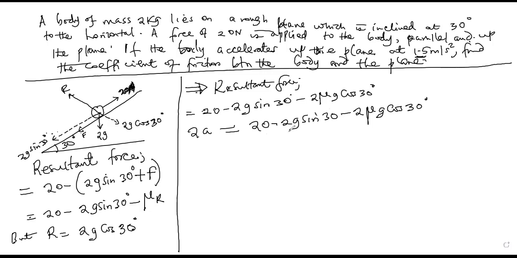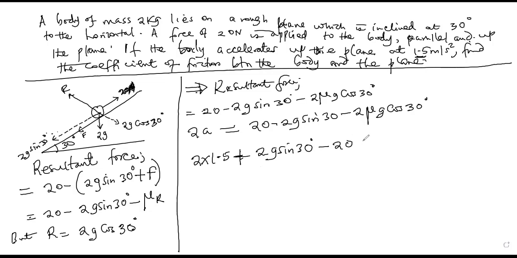Acceleration was given. We shall have 2 times acceleration, which is 1.5, plus 2g sin 30 coming this side, minus 20.